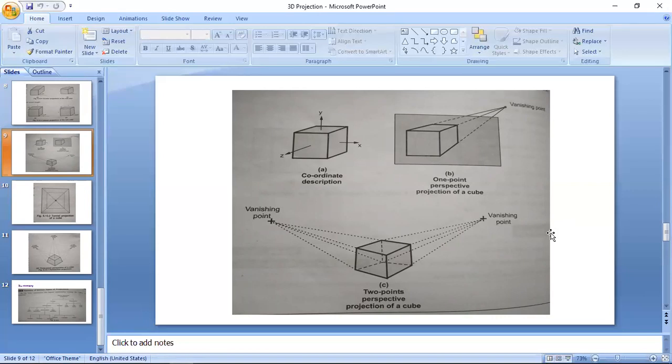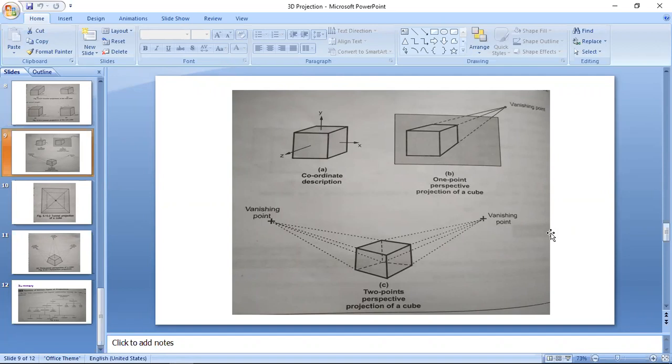Means we are rotating our object particularly to y-axis, so that we can get the two vanishing points at the rest of the two axes, that is x and z axis. Okay, this is the 2 point perspective projection.